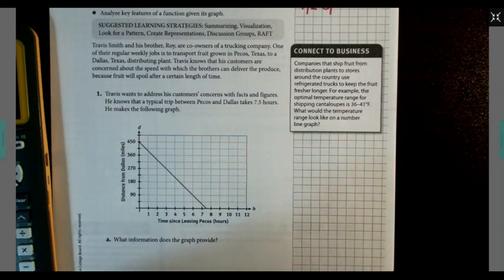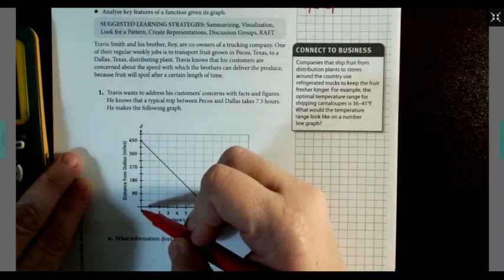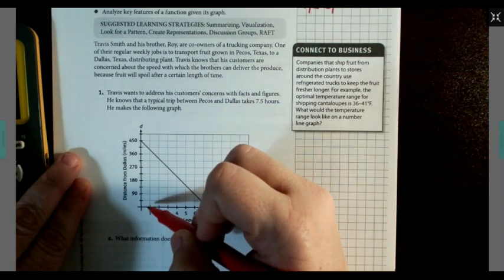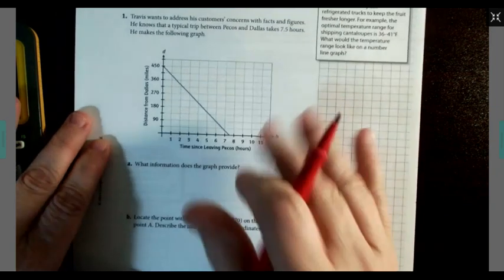A. What information does the graph provide us? What can we tell just by looking at this picture? Well, I can see a couple of things. I can see that at 0 hours since leaving Pecos, we are 450 miles from Dallas.